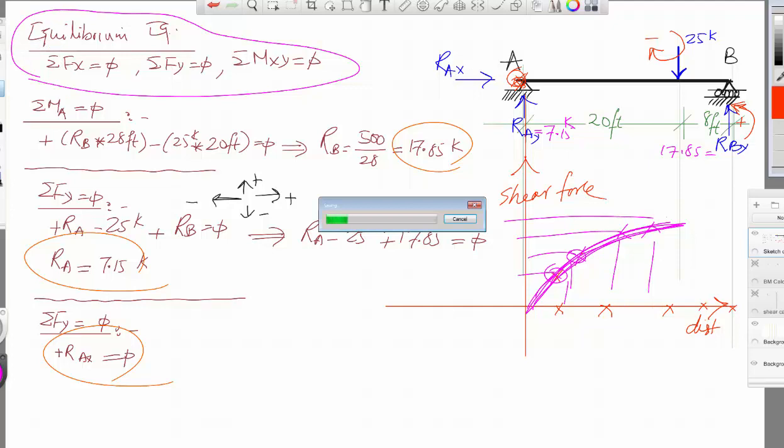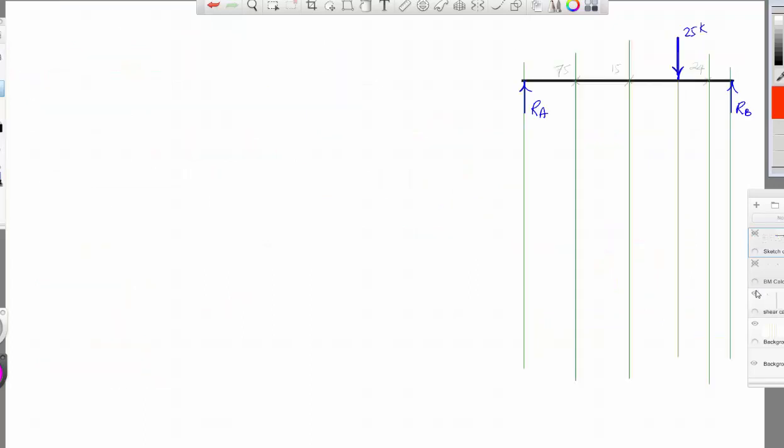So let's move on to calculating. Now that we know the values here, so we have here, this is the 7 feet, and this is 15 feet, and this is 24 feet distances.